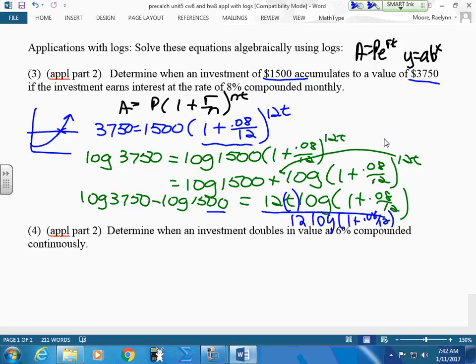So I'm going to divide by the 12 and this log thing. Now, if you're using the 84s, your alpha key will work fine in here. If you're using the 83s, this needs a parentheses, this needs its own parentheses. So throw that in your calc. Tell me what you get.